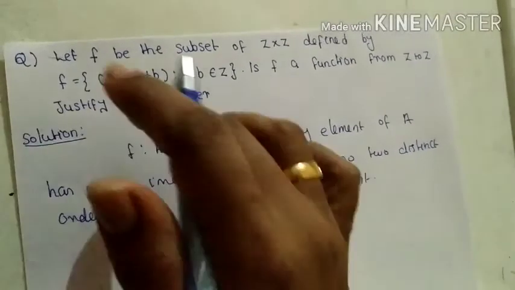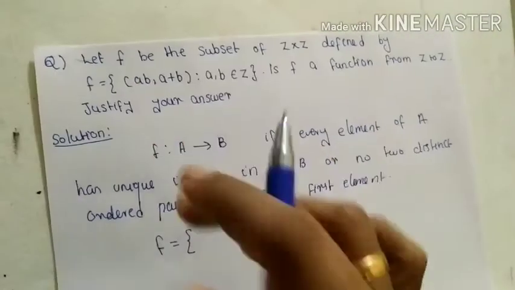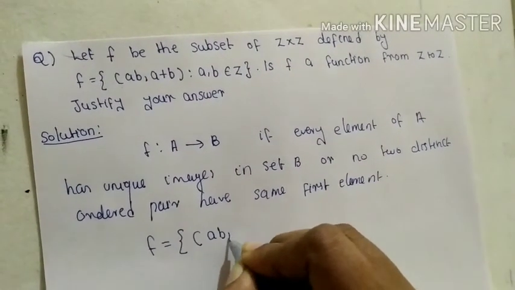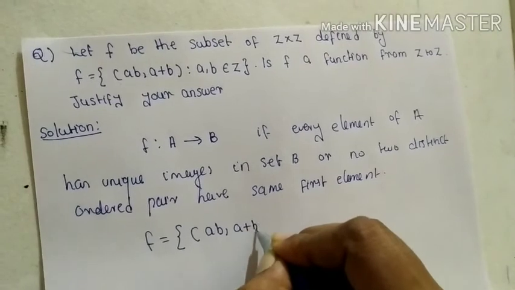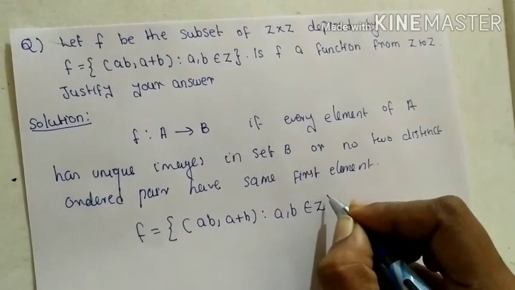Right. So given that our relation is defined as the set of all ordered pairs (ab, a plus b) such that a, b is an element of integers.